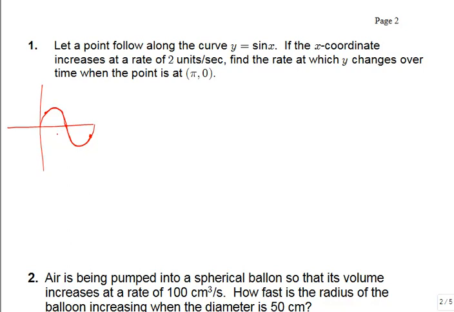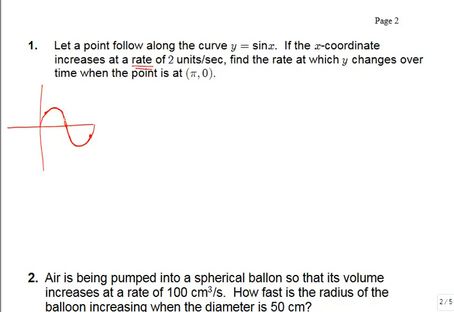So what we want to do here is let's read our problem carefully and label everything that we're being told in this problem. Right away it says that the x coordinate increases at a rate of 2 units per second.